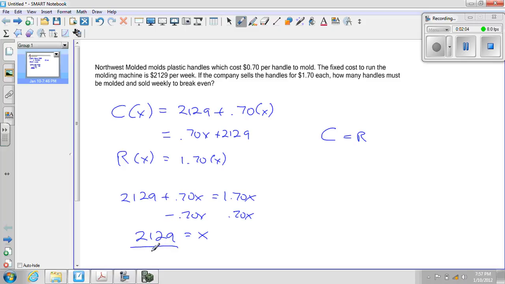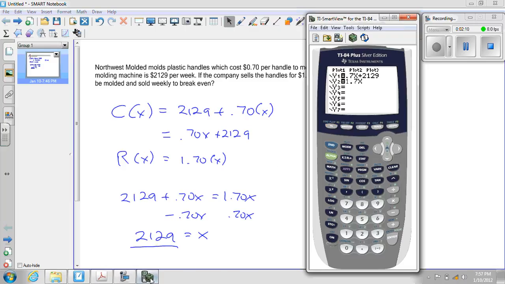Now, I said that sounds reasonable to me, but let's check it on my TI calculator. So I entered both equations in, one is y1 and one is y2. So 0.7x plus 21.29 right there, and 1.7x right there. I changed the window.